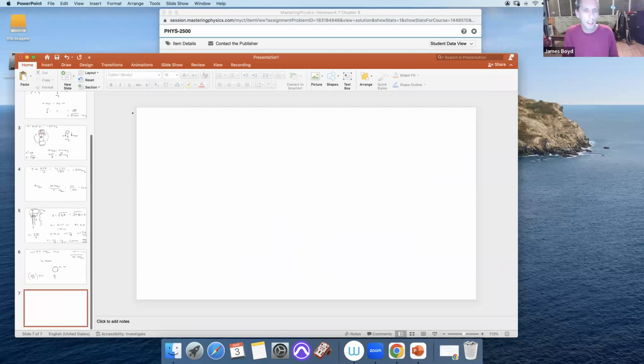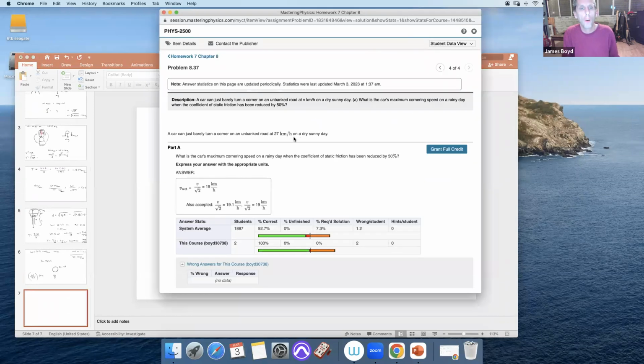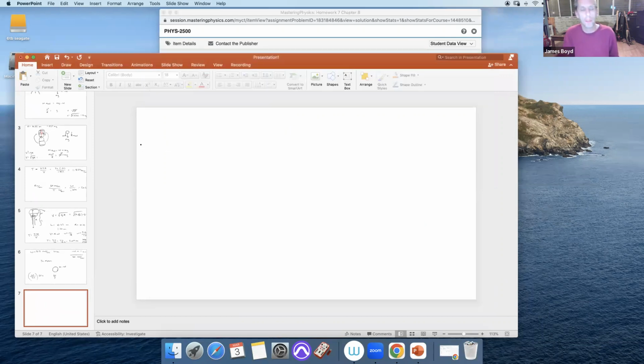And now finally, we have a car that's just barely making a turn at 27 kilometers an hour. Let's put this in meters per second. So 27 kilometers per hour. In 1 kilometer, there are 1,000 meters.